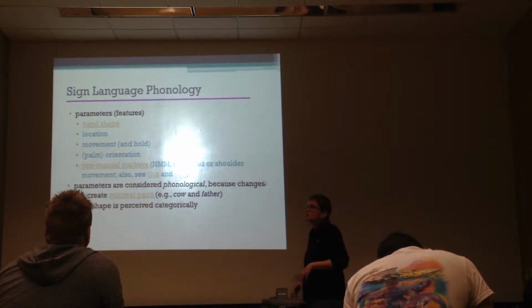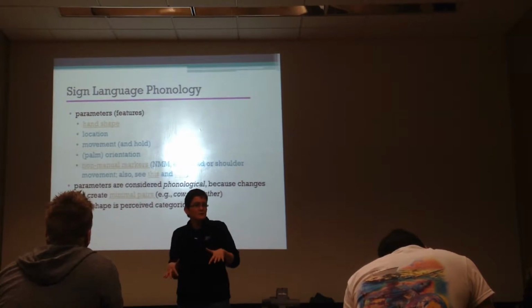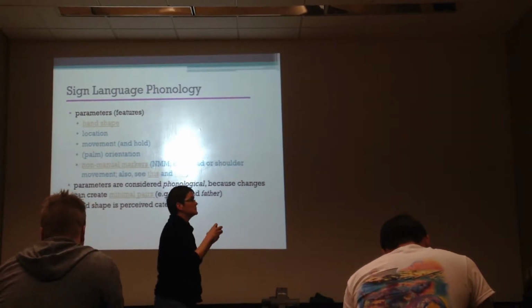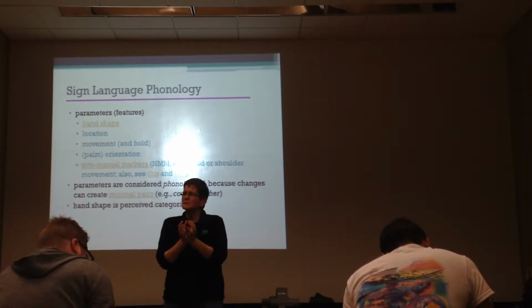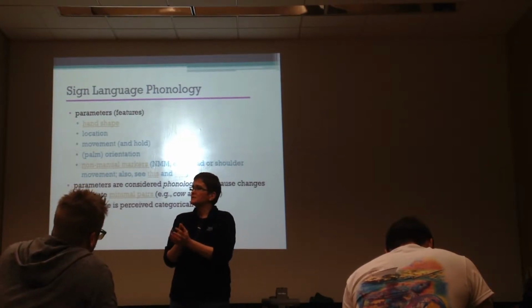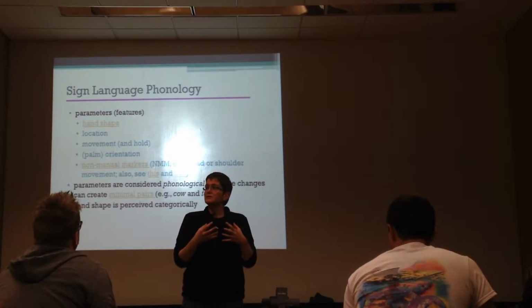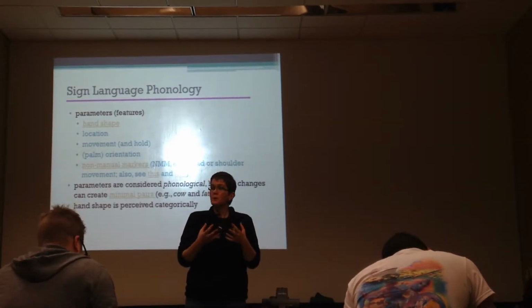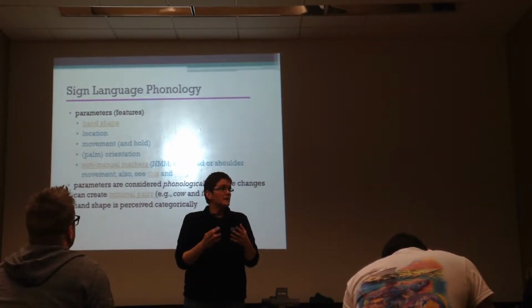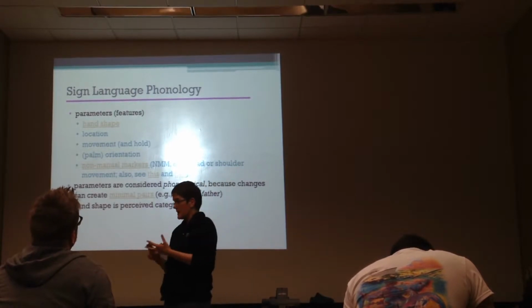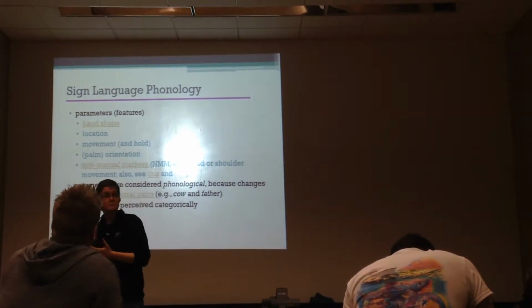Okay. So when we talk about sign language phonology, we're going to break it down into slightly different kinds of features. Now, when we talk about phonemes and phonology in spoken language, we talk about features like place of articulation, manner of articulation, and voicing.